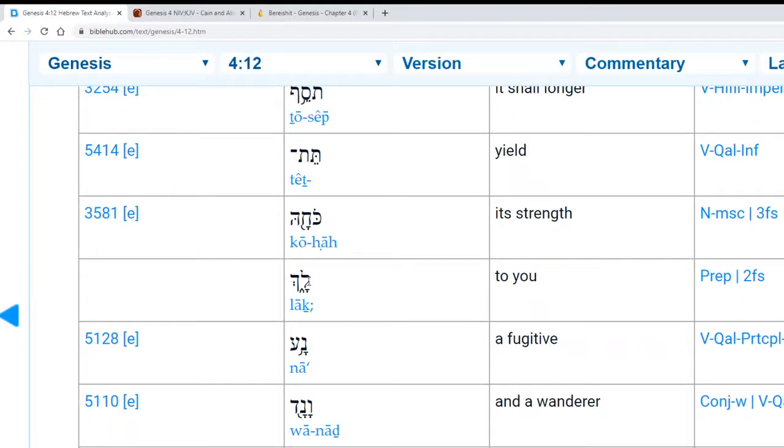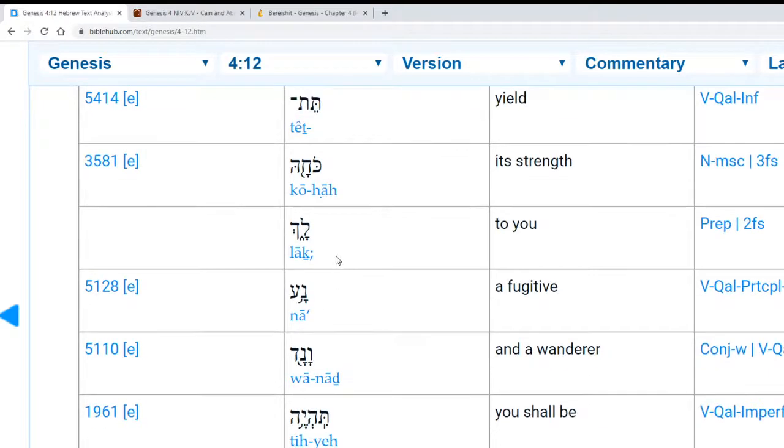Lach. And again, we're back to, for some reason, God referring to Cain in the feminine. Very strange. Again, it's in the feminine you, right? Preposition lamed, and this is in the second person feminine. Na, right?